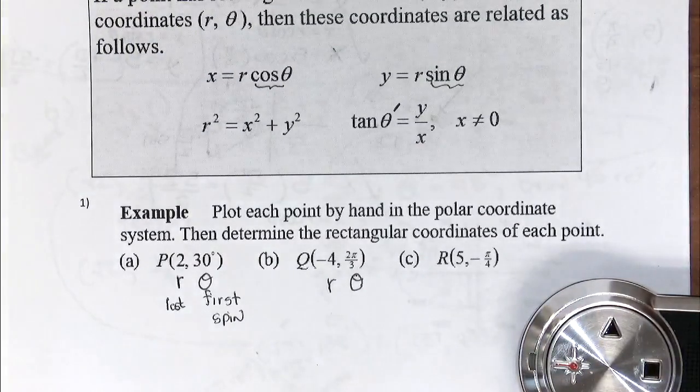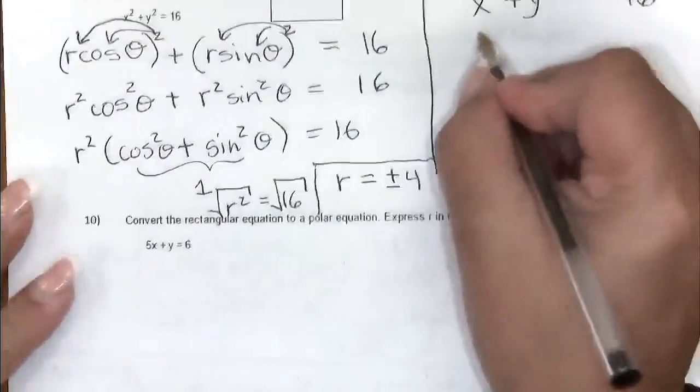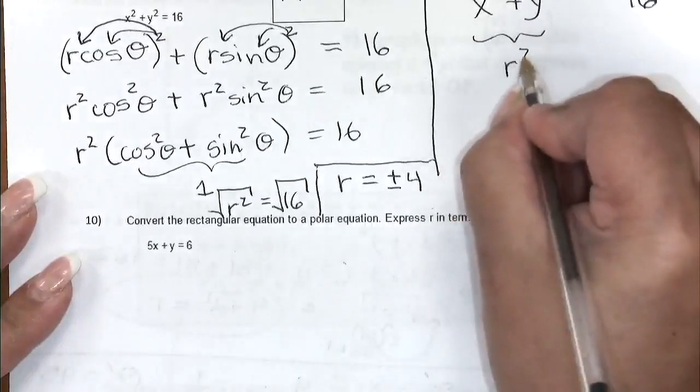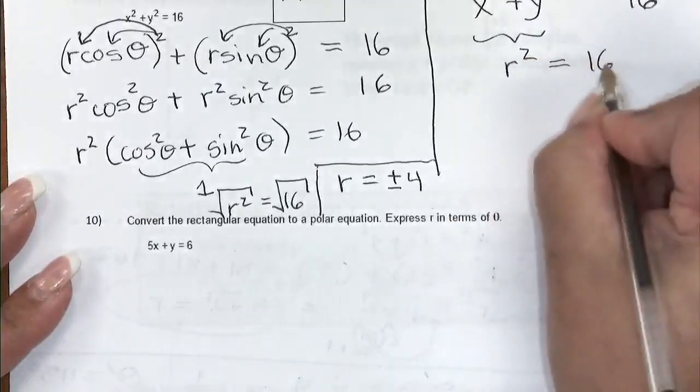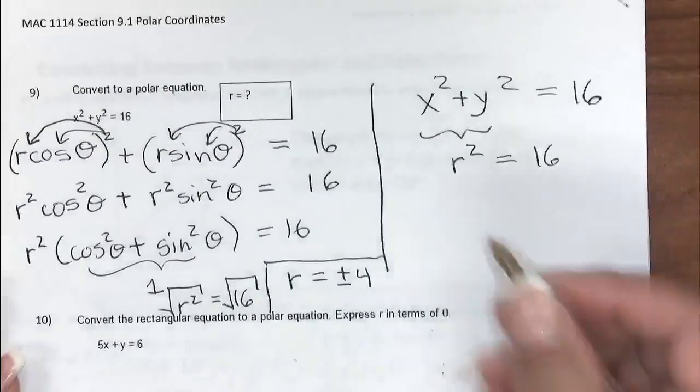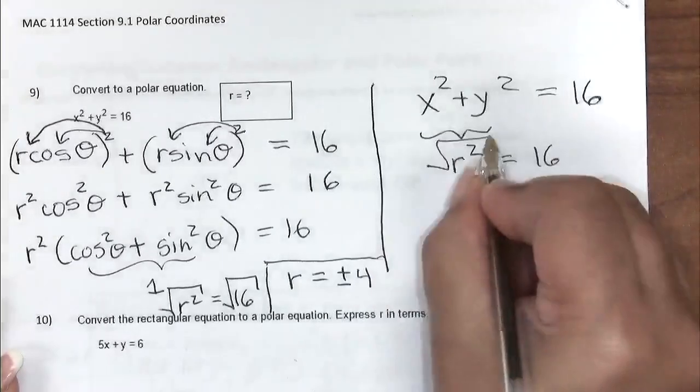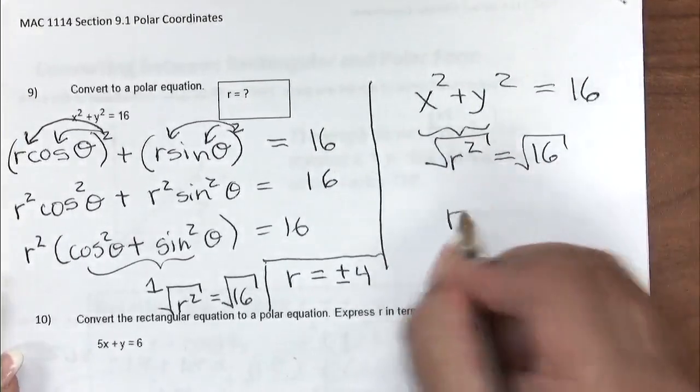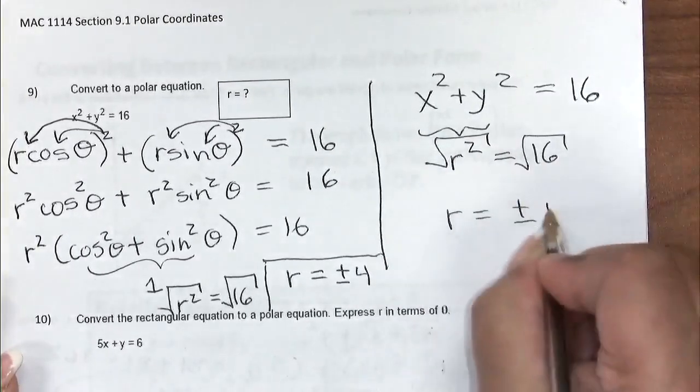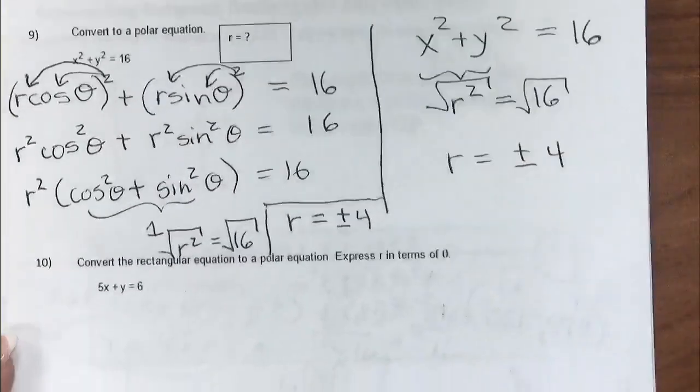I could have just gone with the x squared plus y squared that they gave me and called it r squared. That way I would have had only 2 steps. I could have just said that's equal to that, substitution, anytime 2 things are equal, and then gone right into this step. So yeah, definitely do it with less work.